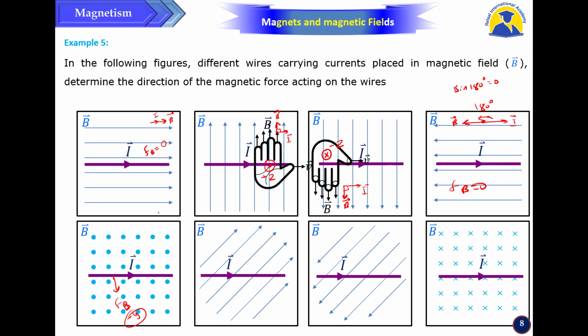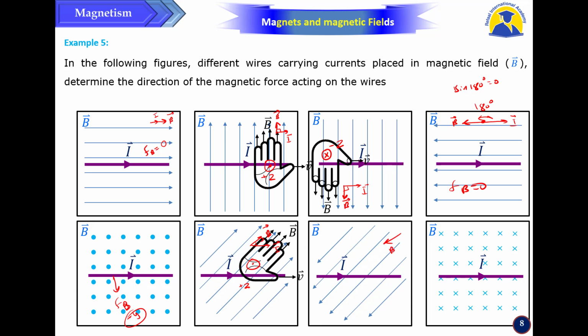Okay. For the sixth case, this is the direction of magnetic field, and this is the direction of current. The angle between magnetic field and current is less than 90 degrees. So we use the right hand rule. The direction of magnetic force will be positive Z or outside the page. This one, the direction of magnetic force.